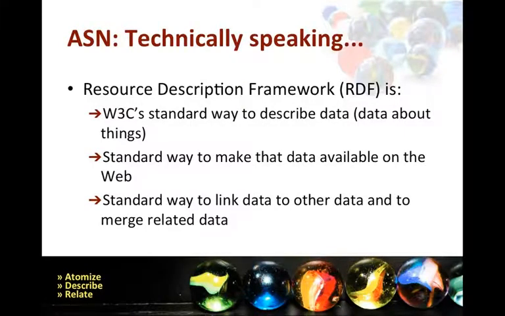So the ASN is fairly advanced at the data level in that it uses the Resource Description Framework, which, as I said, is W3C's standard way to describe data about things, standard way to make that data available on the open web, and a standard way to link data to data and to merge related data.